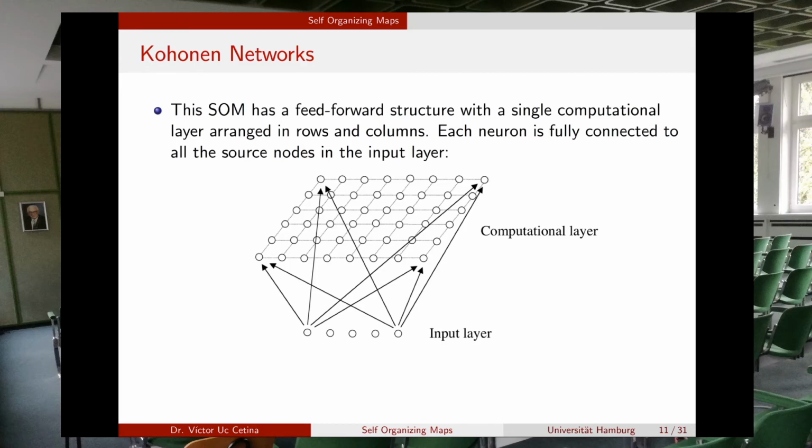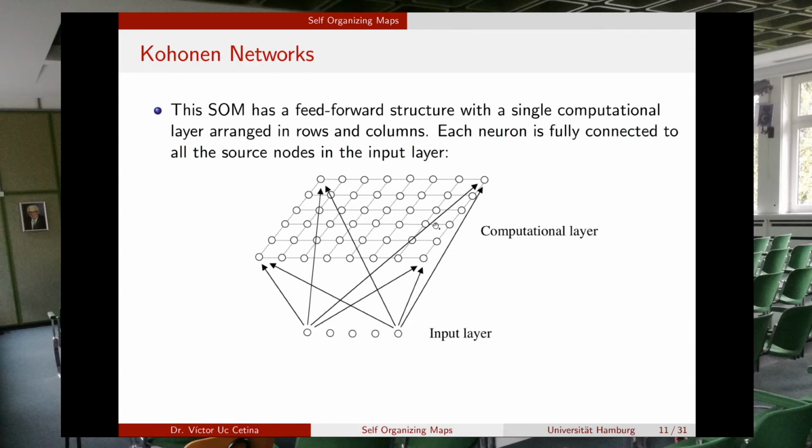So this SOM has a feed-forward structure with a single computational layer arranged in rows and columns. Each neuron is fully connected to all the source nodes in the input layer. So in this kind of network, we consider that we have two layers: the input layer, which is defined by some variables that will perceive the input information, like in this case, where our points are in 5 dimensions, vectors of size 5.